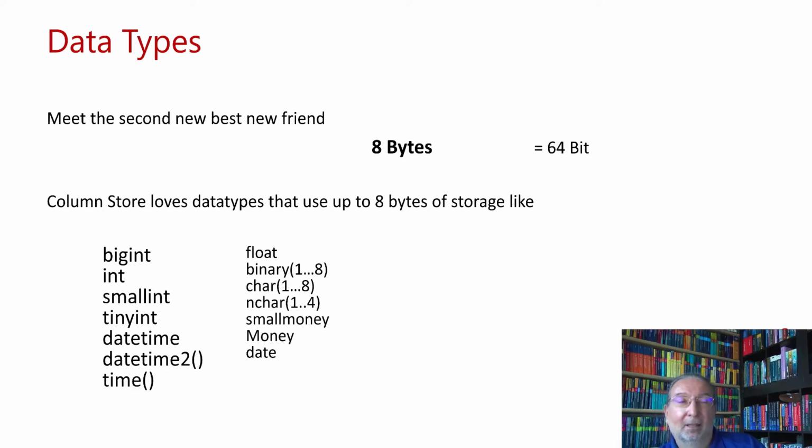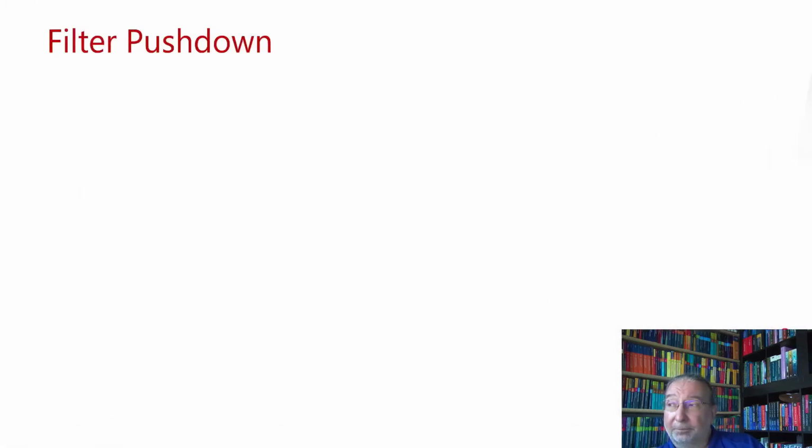Technically, yes, but practically, no. These are the ones that column store really likes, because everything fits in a register of a CPU. And even better, we'll talk about how this comes in once we talk about batch mode later in the presentation. Filter pushdown, that's the first one that works when your data is 8 bits, 64 bits or 8 bytes or less.